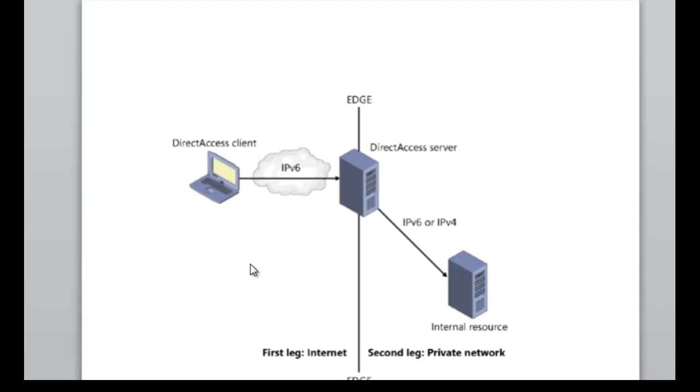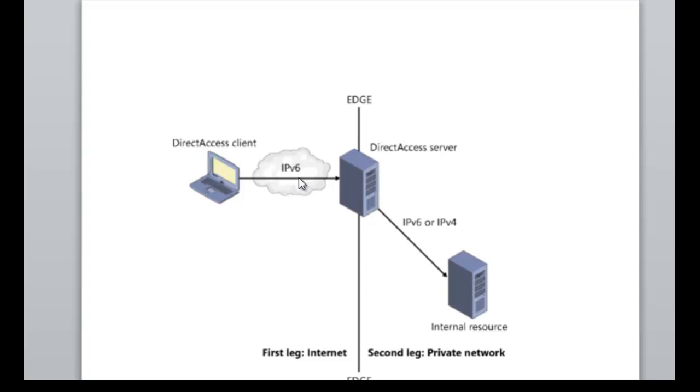In the first leg of communication, we have the client connecting to the DirectAccess server. And we said that we need the IP version 6 protocol in order to connect to the DirectAccess server. If we do not have a dedicated IP version 6 connection, then we need to use what we call transition technologies in order to communicate with the DirectAccess server.